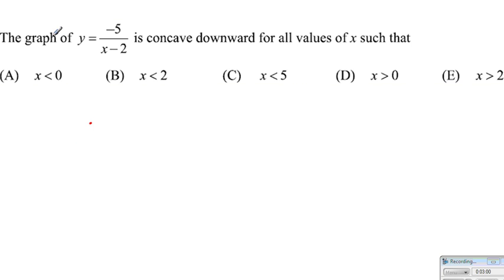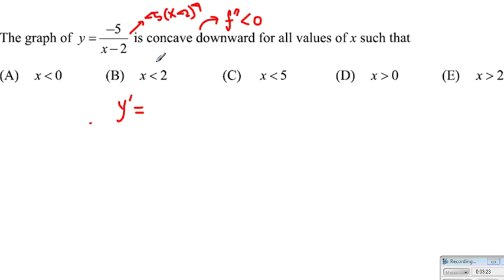Now, concave down means the second derivative has to be less than 0. So let's go for that one. What is the first derivative of y? In fact, you can assume this one is negative 5 times x minus 2 to the negative 1 power.